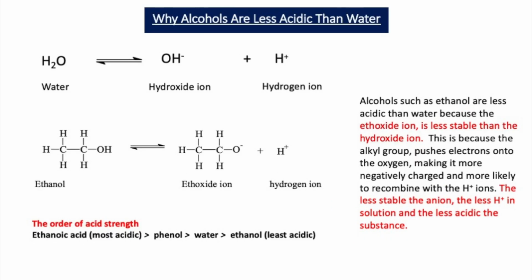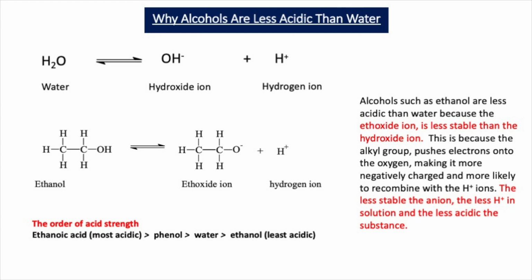So after discussing the acidity of carboxylic acids and how this compares to phenol, we're now going to look at the acidity of alcohols and see how this compares to water, phenol and carboxylic acids. Now alcohols are less acidic than water, and I've drawn the equilibrium here of water splitting up into hydroxide ion and hydrogen ions, and I've drawn ethanol splitting up into ethoxide ions and hydrogen ions. And the reason that ethanol is less acidic than water is once again to do with the anions.